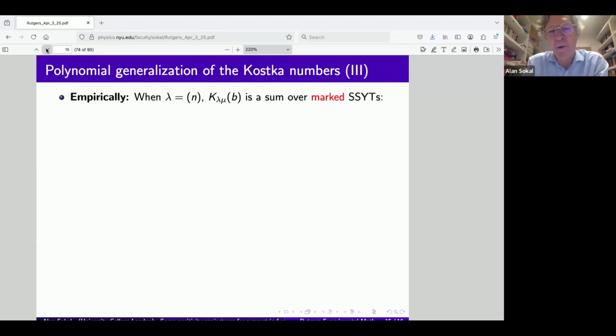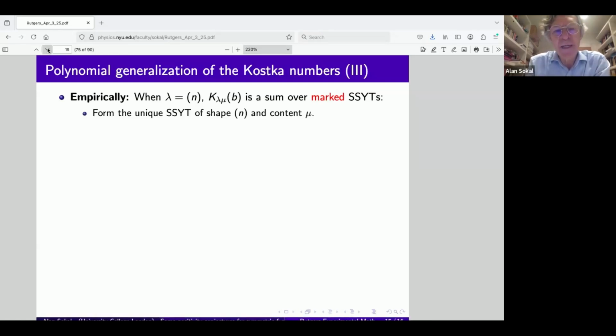But here's the interesting thing, and again, this is empirical. I'm not even able to prove this, but I believe this at least is true. When lambda is just one row, then I believe that this thing is a sum over what I call marked semi-standard Young tableaux. What do I mean by that?